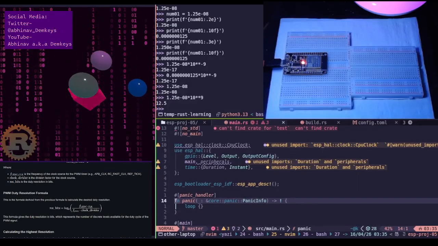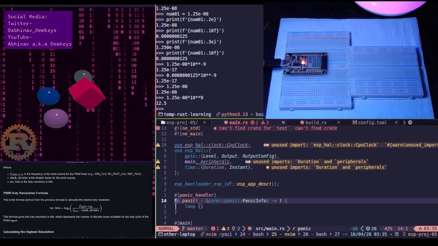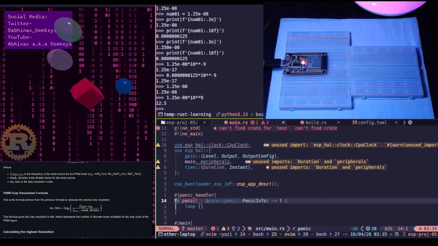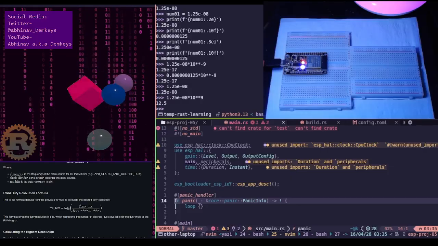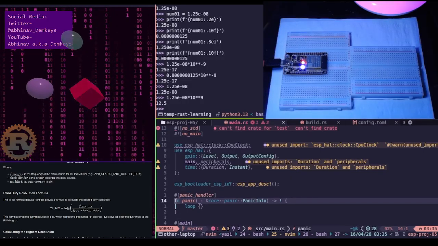But then I started diving deeper into microcontrollers because there's a lot that I don't know. I'm a beginner. I knew nothing about microcontrollers short of making an LED blink.